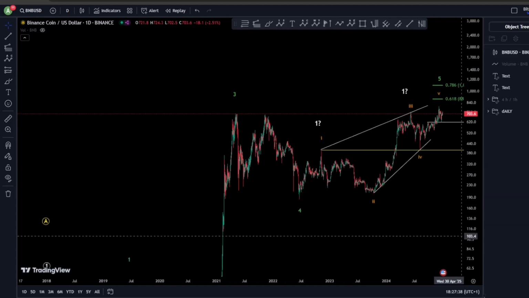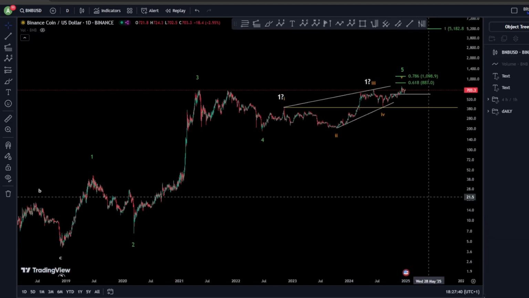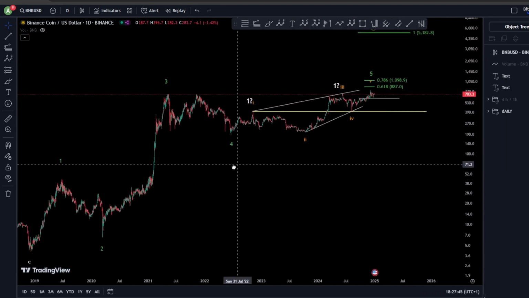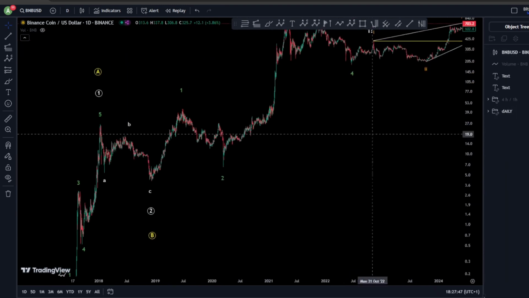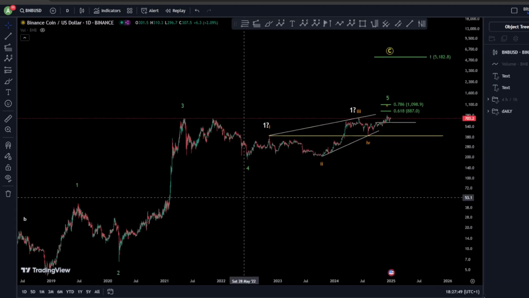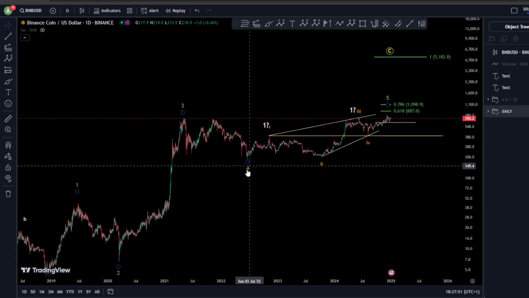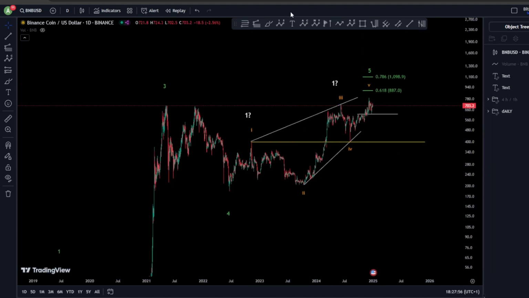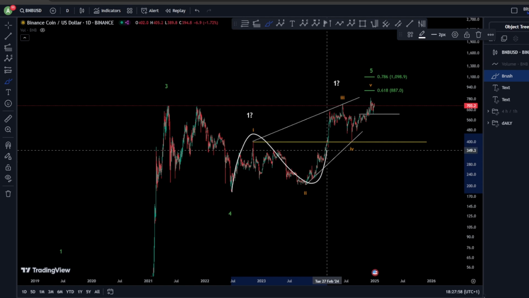So on the daily, inside this move towards the upside as a diagonal, as we can see here, starting with this diagonal 1, 2, 3, 4, 5. This is your first impulse towards the upside, your wave 3, bottoming here your wave 4, and finishing your wave 5, probably in this area as 1, 2, 3, 4, 5.